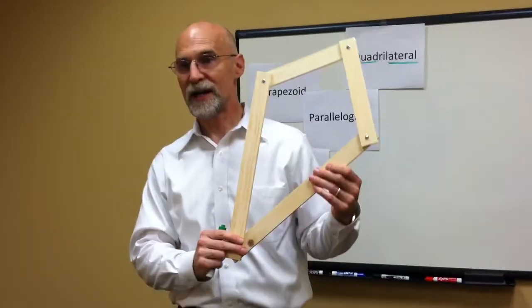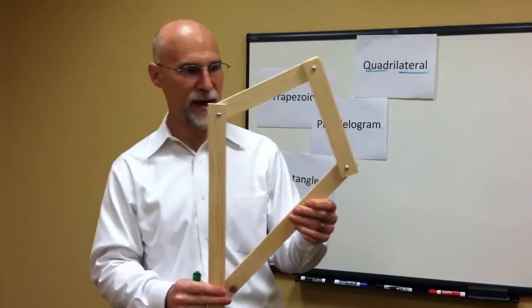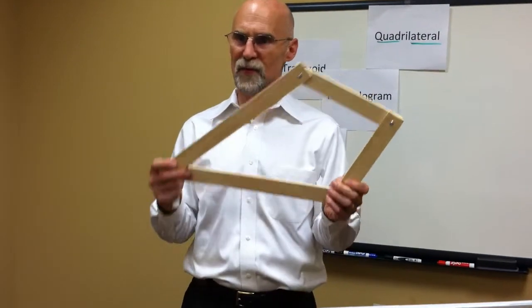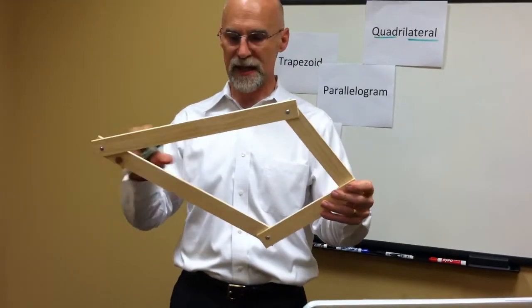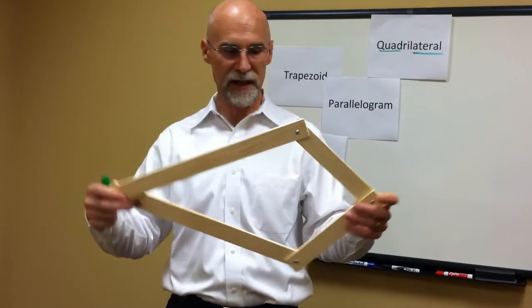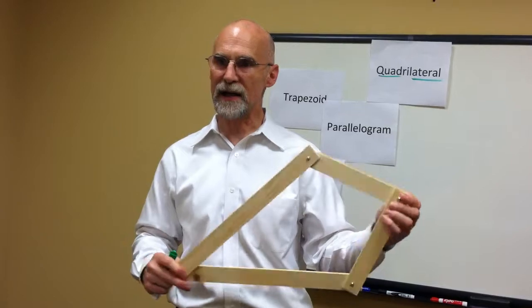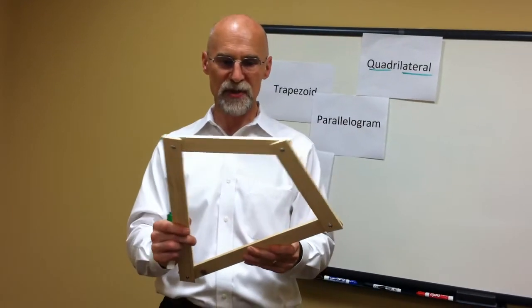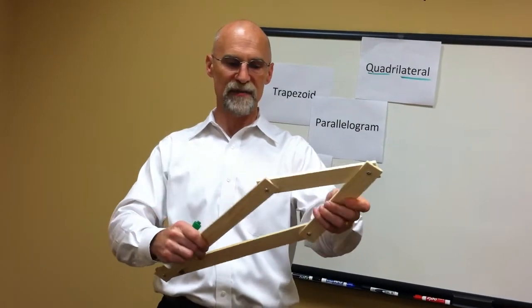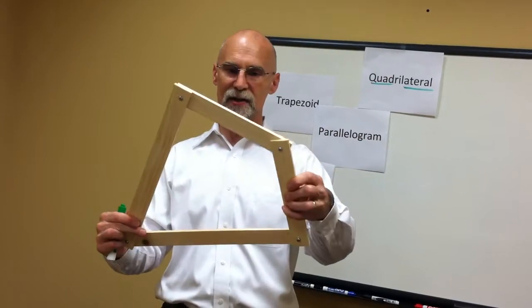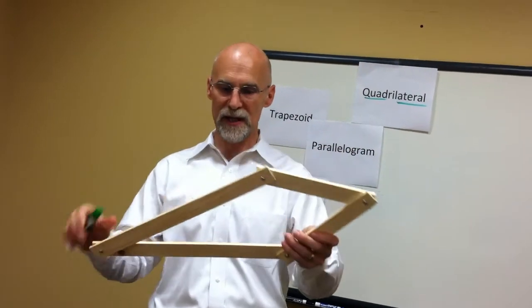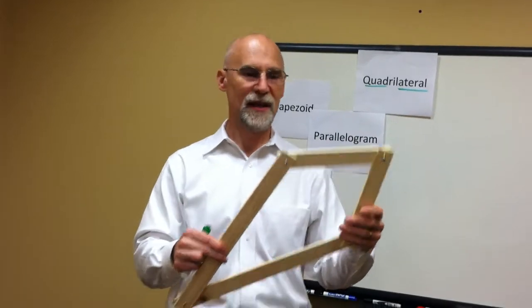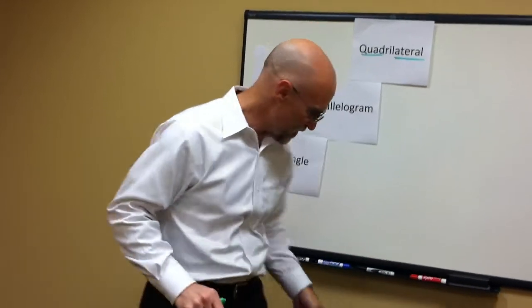This is called a kite, by no surprise, and any quadrilateral that has two adjacent sides of the same length and the other two sides of adjacent length is referred to as a kite. As with the other shapes, it can have a little bit of variation in exactly how it looks. But if those sides are the same length and these sides are the same length, it classifies as a kite.